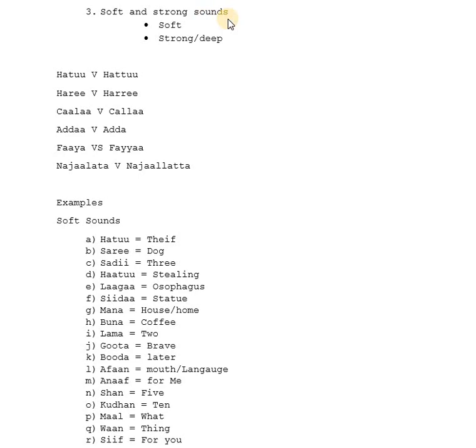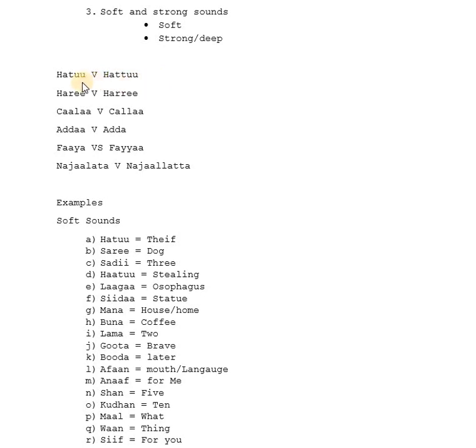Soft and strong means how strong the sound we hear is, how deep the sound we hear is, and soft is how soft it is. It's really hard to explain, but if we take examples, so this is hatu and this is hatu. Listen to the ta sound.